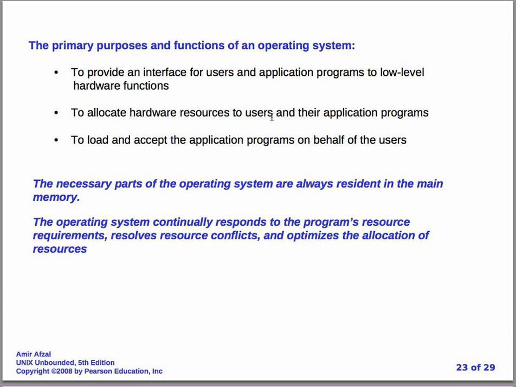So if you had many users using a single system, on some machines you're each given free rein over how much memory you want, disk space, stuff like that. But oftentimes, the operating system will say, okay, you have a certain quota of disk space that you can use, and once you reach that quota, that's it. You cannot use any more disk space. So the operating system is what does all of that hardware resource allocation.